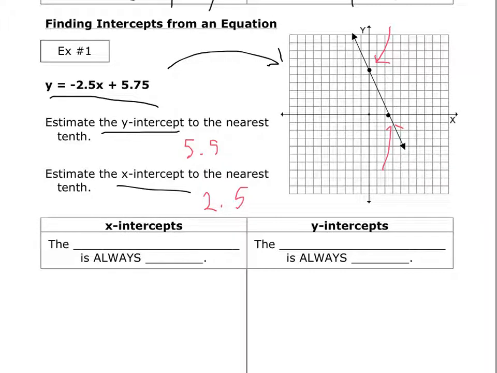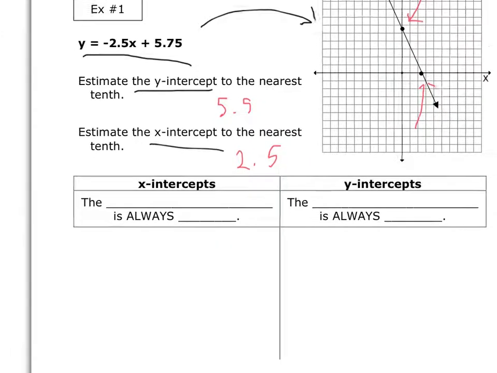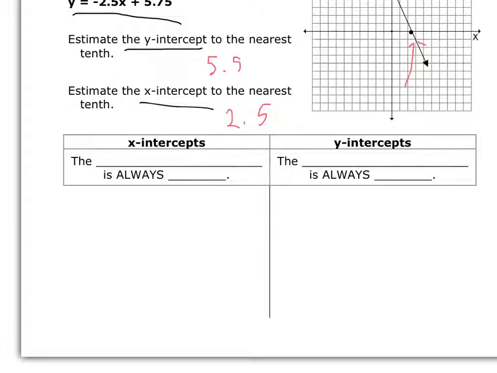So we were guessing last time on where intercepts were, but I'm going to show you how to find them exactly, so they're exact locations. To do that, you want to know that for the x-intercept, the y-coordinate is always 0.